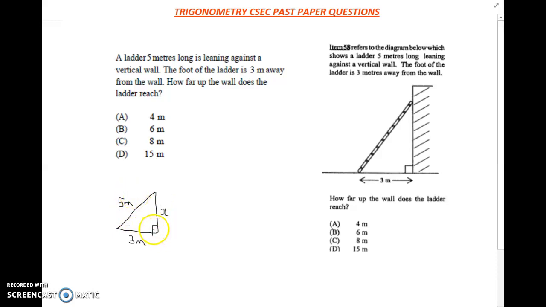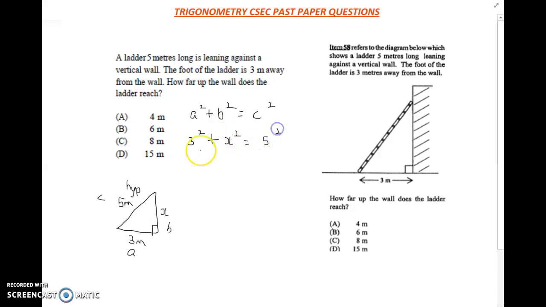Again, we have two given sides. We want to find the third side, Pythagoras' theorem. The side opposite the right angle is the hypotenuse. So that's our C, and the other two could be A and B, right? Cool. So now we have a squared plus b squared equals c squared. Our A is 3, 3 squared, plus our B is x squared, and our hypotenuse is 5.